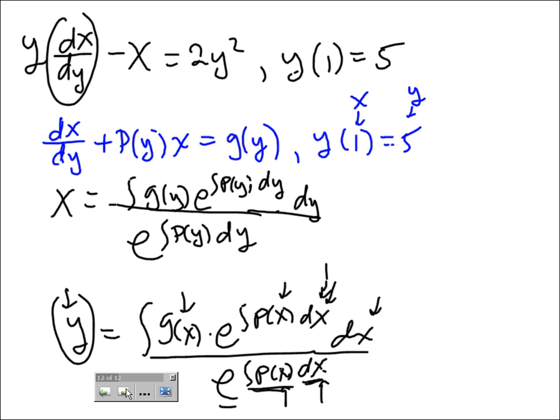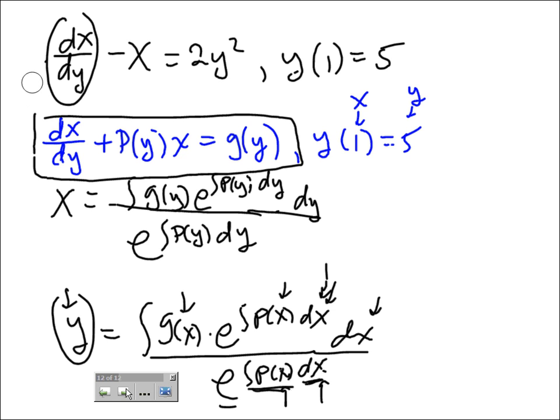Now, like I said, I want to get our problem into that form. So the first thing I'm going to do is divide by y. I divide y dx/dy by y, I just get dx/dy.